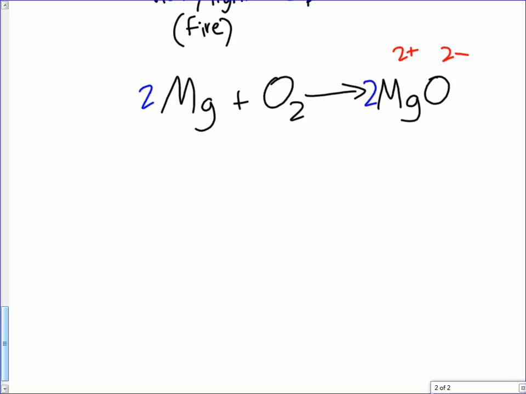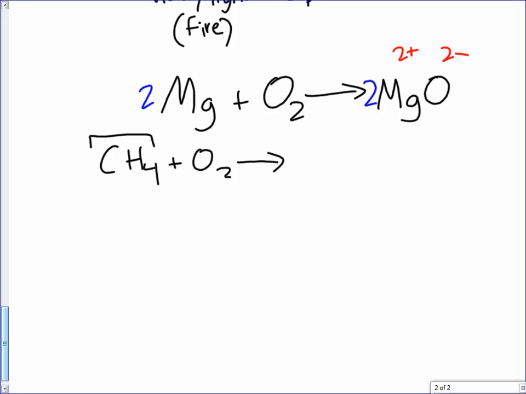The other type, and this is a nice rule to know, let's say we have methane burning. This is a little bit trickier if you're not sure where to go. But the nice thing is, if you have an organic molecule, some hydrocarbon, you see something with C like this, CH4, methane.